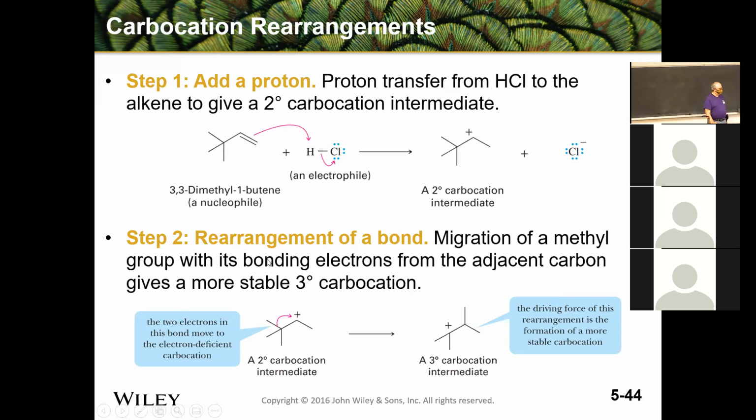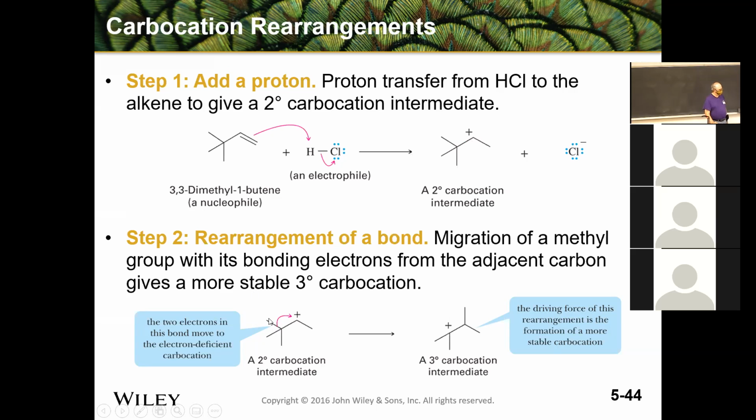Okay, so it starts out just like we would expect. Double bond picks up an H, rich get richer, carbon number 2 gets the plus charge. The minor product comes about when chloride then attacks carbon number 2, but then the major product occurs when we have a methyl shift.